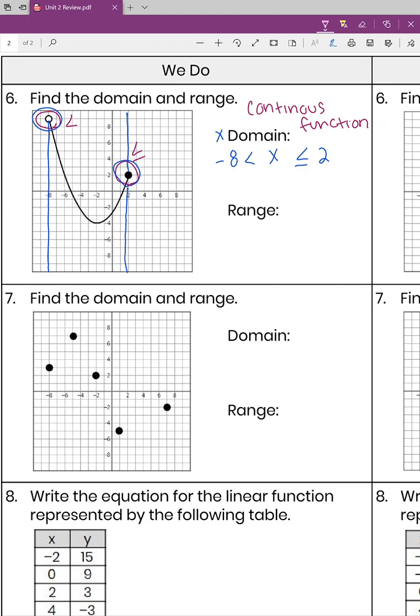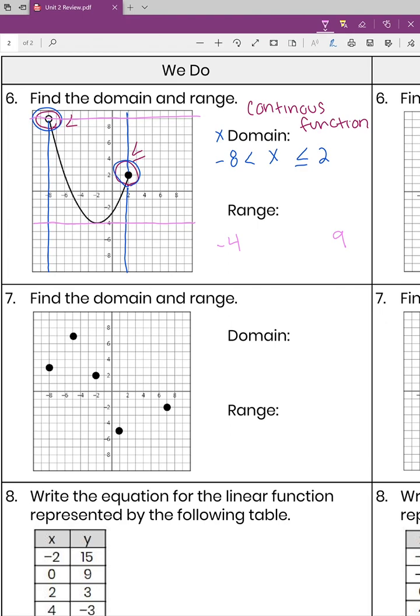We're going to see how far down and how far up our graph goes. If I look at our graph, I notice that it goes all the way down to -4, and all the way up to +9. If we look at our restrictions, our pink lines that I just drew, we notice that our graph is enclosed inside of my pink lines, which is my range. So I'm going to write my smallest value, which is -4, and my biggest value, which is 9.